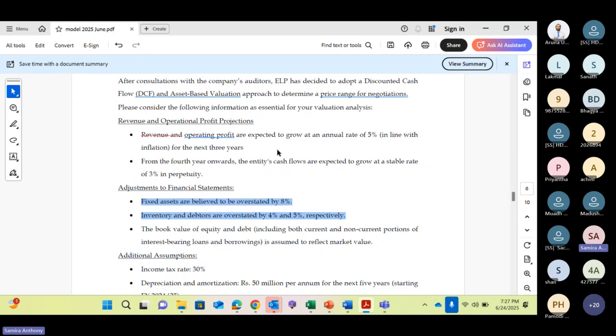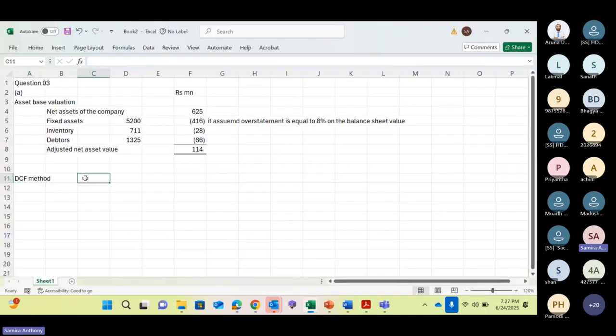Therefore, directly you can start from the operating profit. It is expected to grow at an annual rate of 5% in line with inflation for the next 3 years. Therefore, let's take 3 years here.